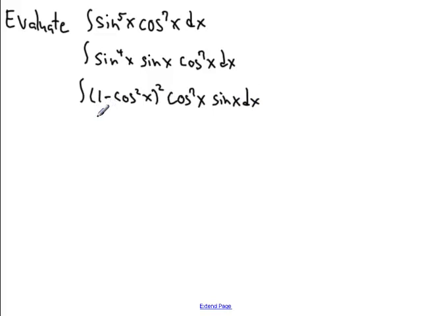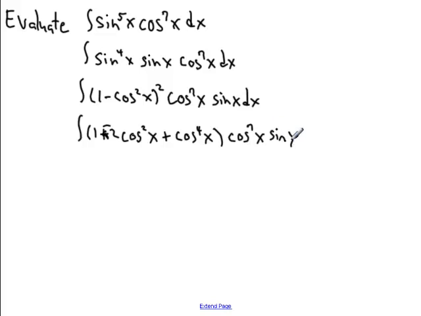So multiplying this out, we get 1 minus 2 cosine squared x plus cosine fourth x multiplied by cosine 7x sine x dx.